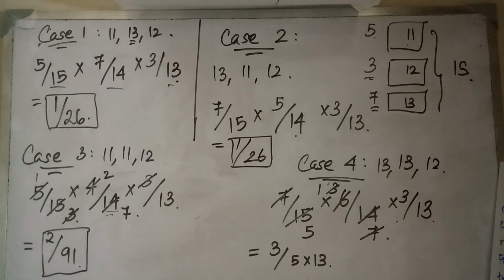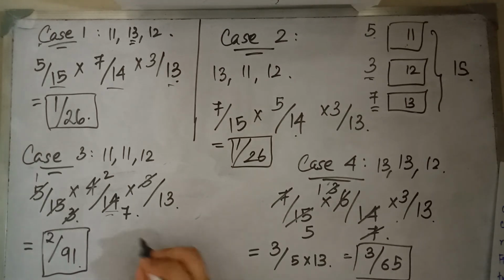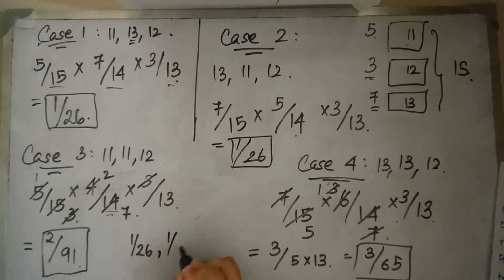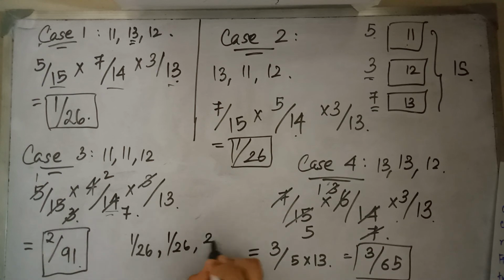Yes, so this will be 3 by 65. Okay, now we have 4 cases. One of it is 1 by 26. The next one is also 1 by 26. Third one is 2 by 91. And then we have 3 by 65.